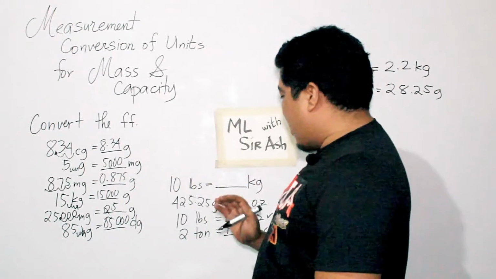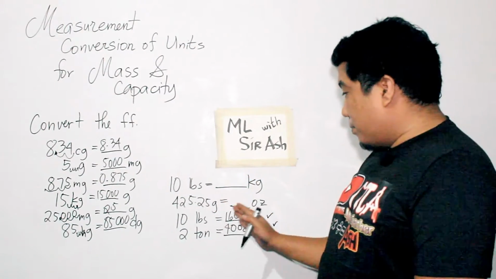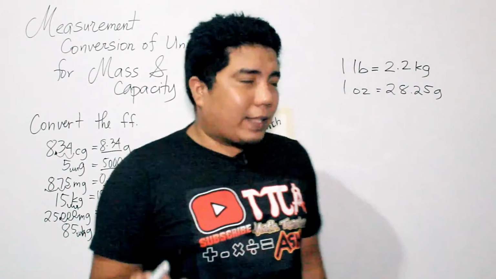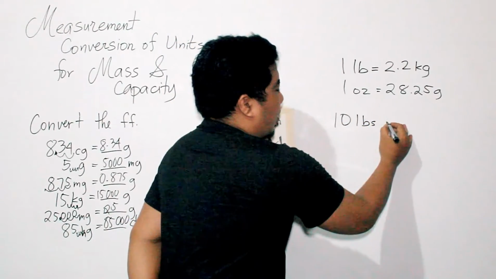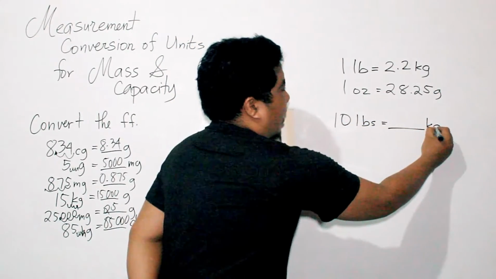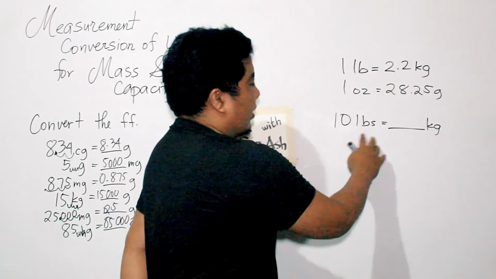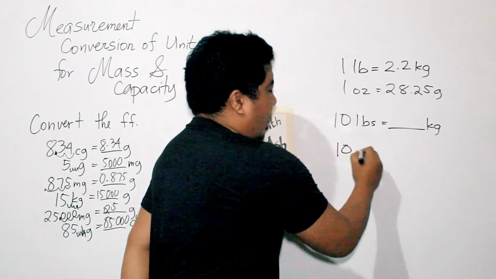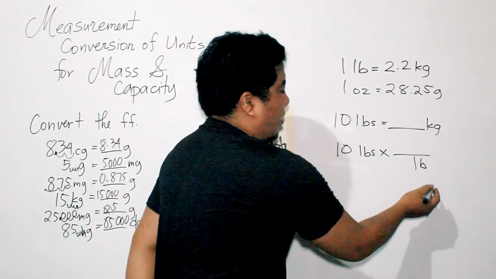So, basically, this will be your foundation for the cross conversions. Now, let us try our example. We have 10 pounds to kilograms and grams to ounce. Okay. 10 pounds to kilograms. Of course, as you can see, this is very easy. That is 10 pounds multiplied by the pounds below. Okay.